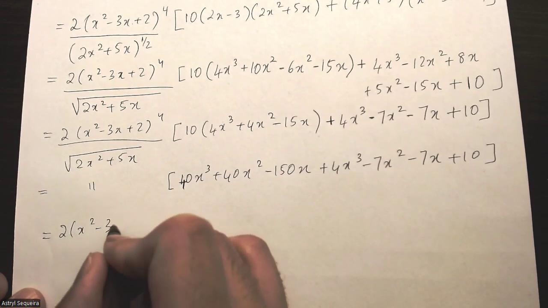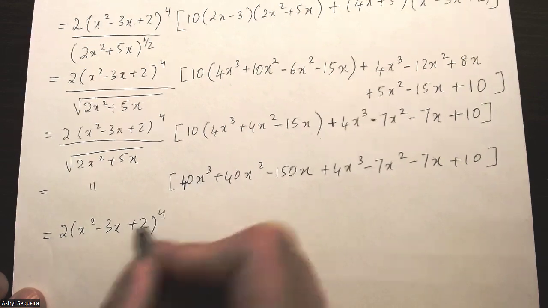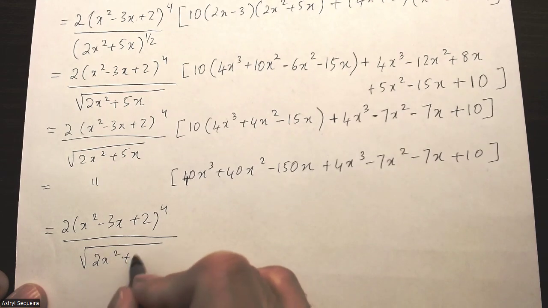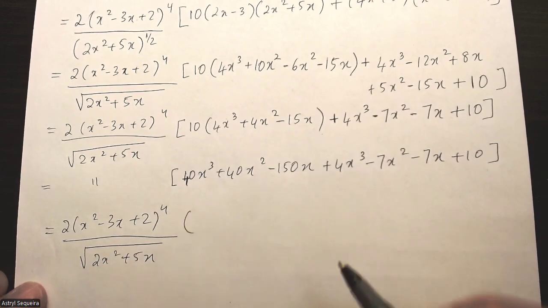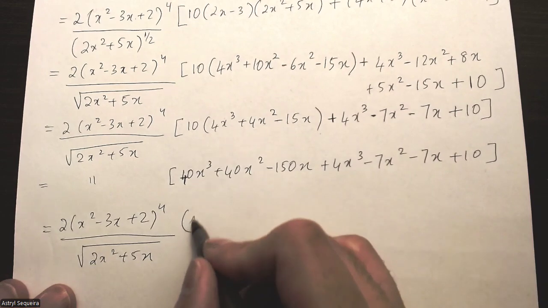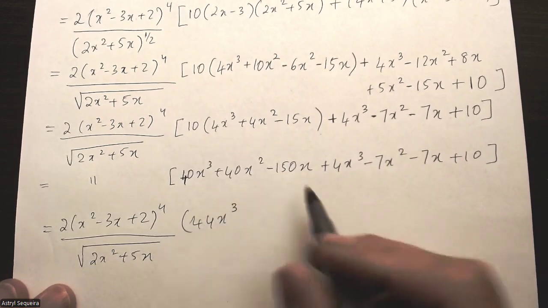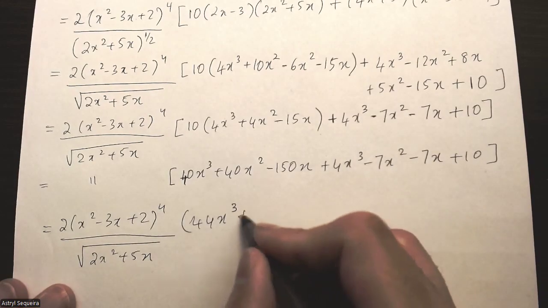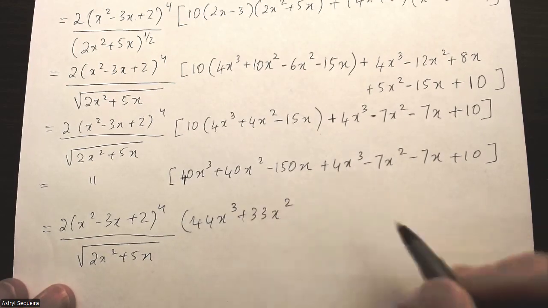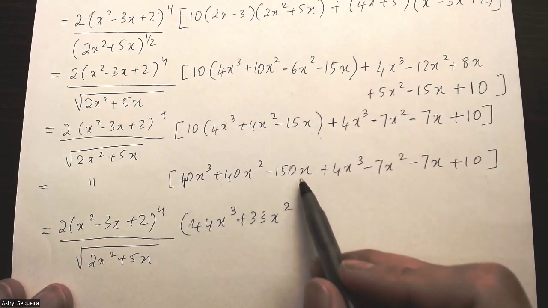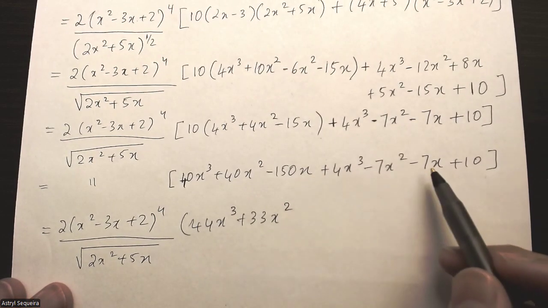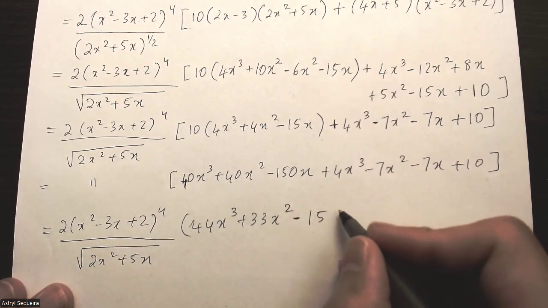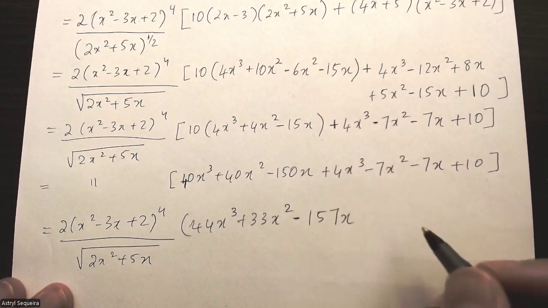So 44x cubed, 40x squared minus 7x squared is 33x squared, negative 150x minus 7x, negative 157x.